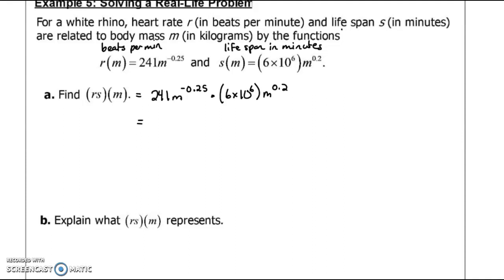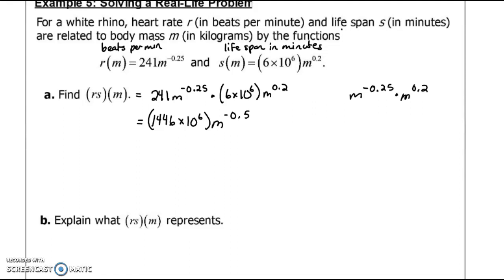So I get 1,446. And then I still have times 10 to the 6th. Now I also have that m to the negative 0.25 times m to the 0.2. So since they have the same base and they're multiplying, you can add the exponents.